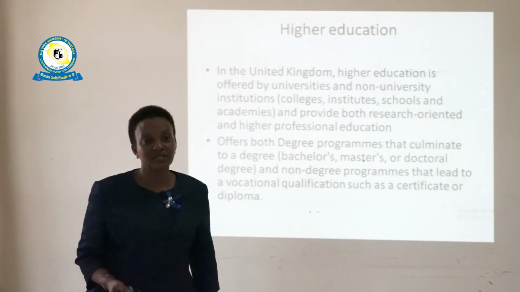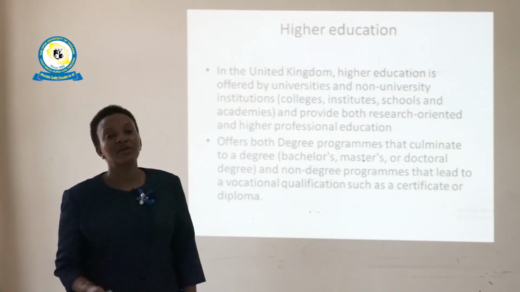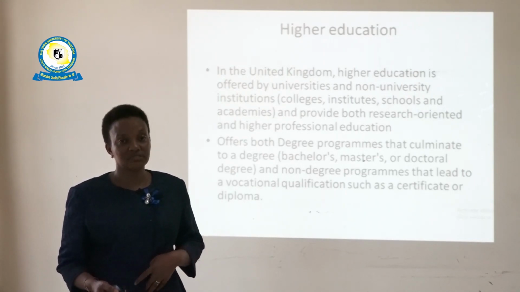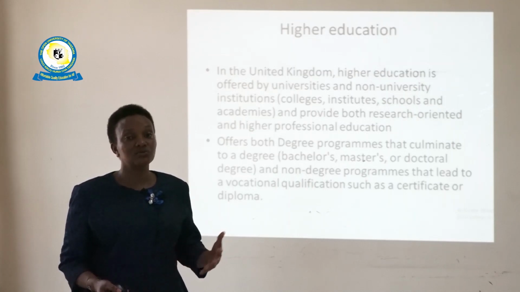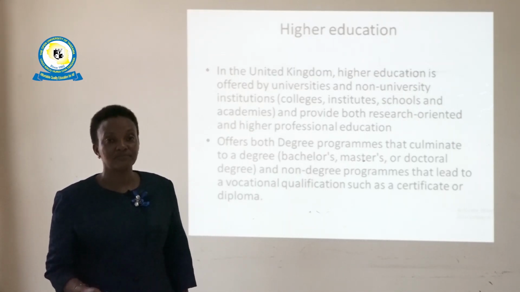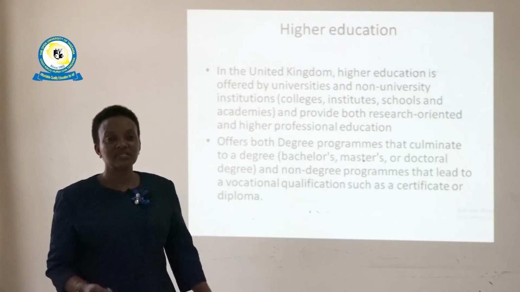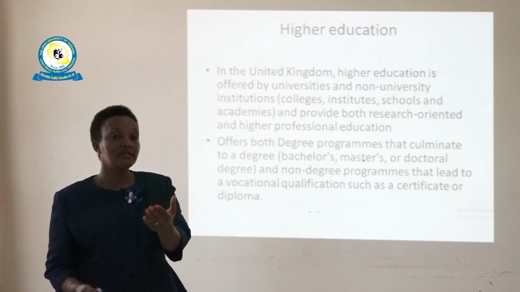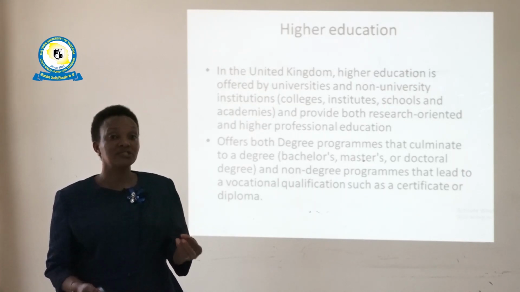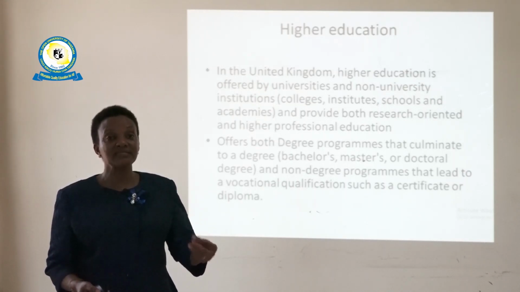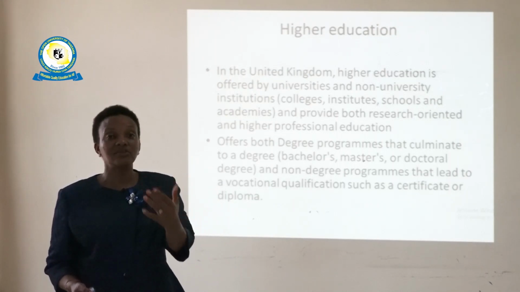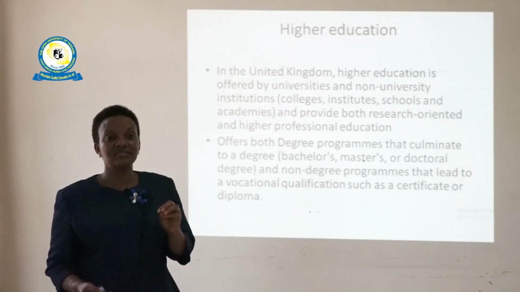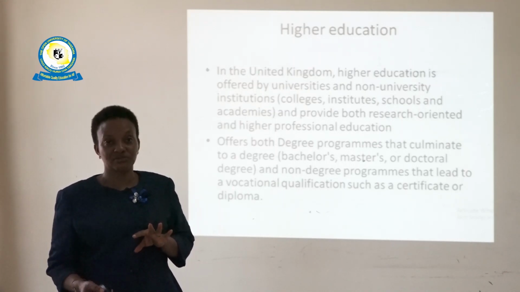Now, higher education in the United Kingdom is offered by universities and non-university institutions, like colleges, institutes, schools, and academies, and provides both research-oriented and higher professional education. So we expect learners in these institutions to acquire both research-oriented and higher professional education.